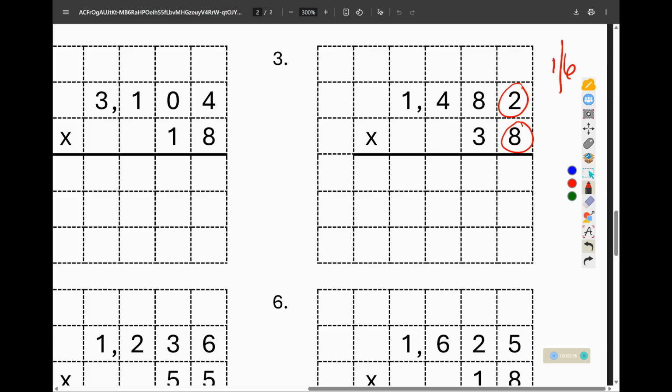And if I split it, the 6 goes on the right, the 1 goes on the left. Be very careful. We have some people that are writing it opposite. You're writing 6 over here and a 1 over here. 8 times 8 is 64, plus 1 is 65.